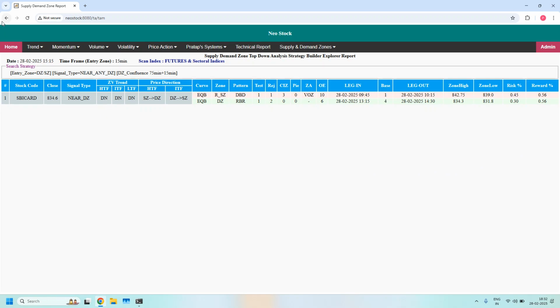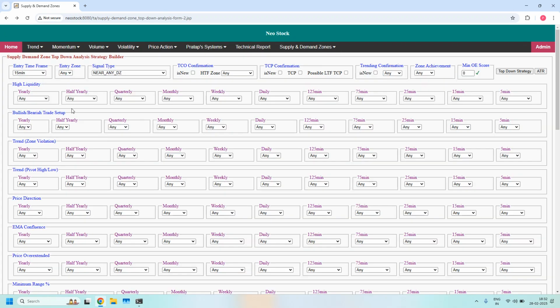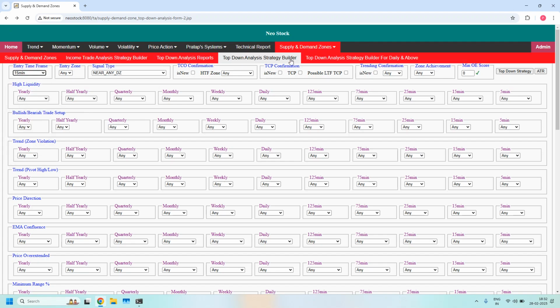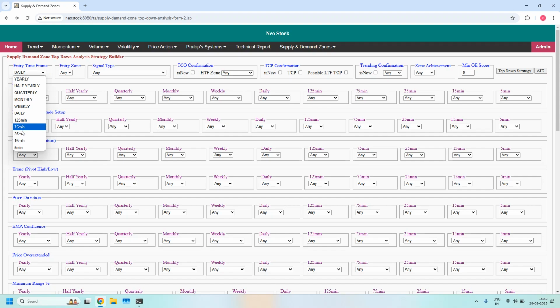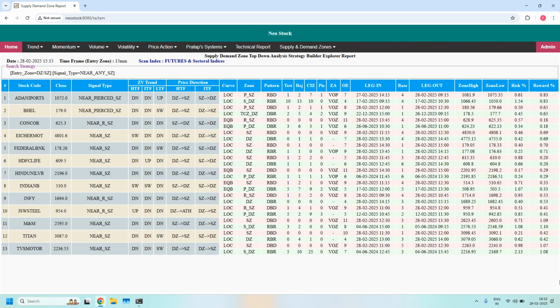Okay, next. For 15 minutes time frame, stocks near 15 minutes supply zone, we got 13 stocks. Out of these 13, how many of these 15 minute supply zones are having ITF supply zone confluence?